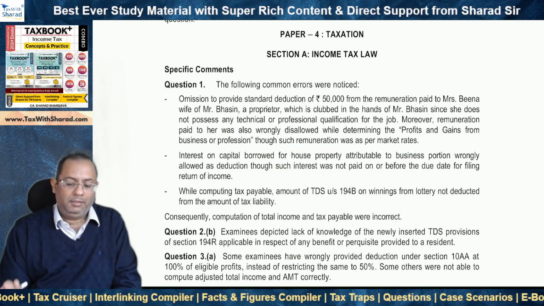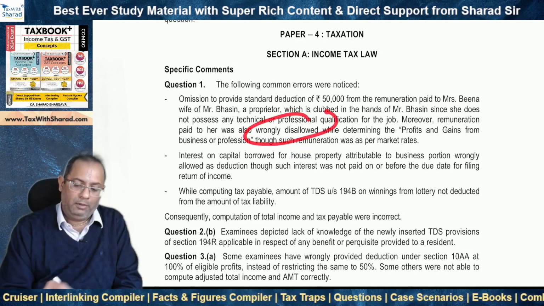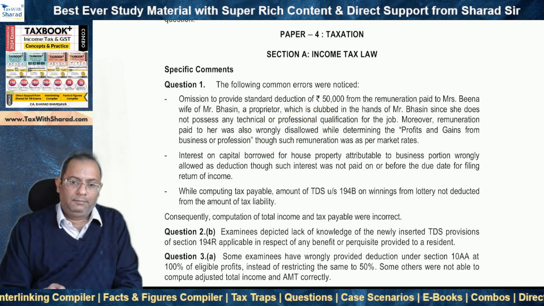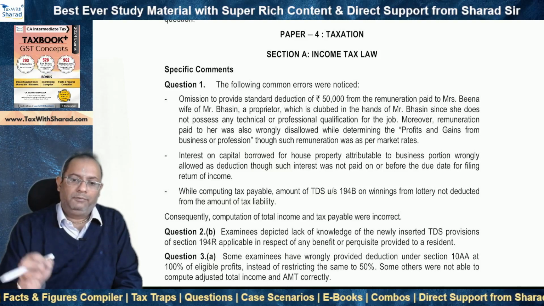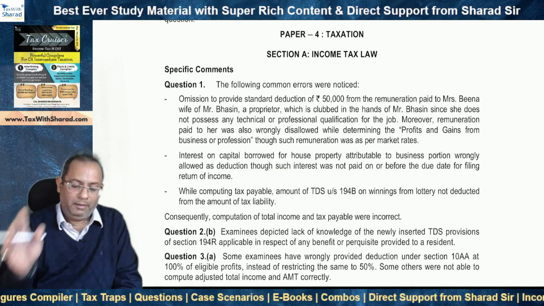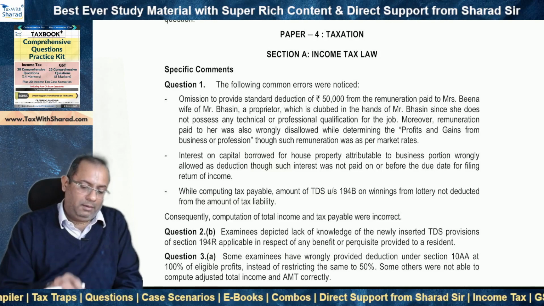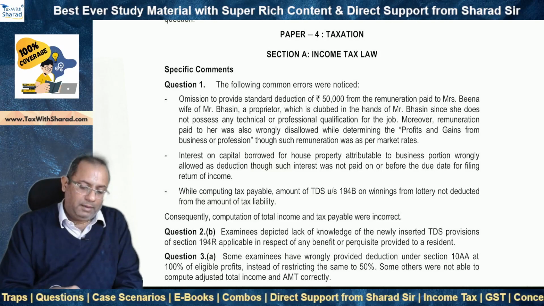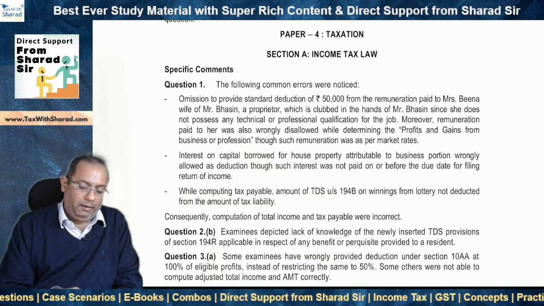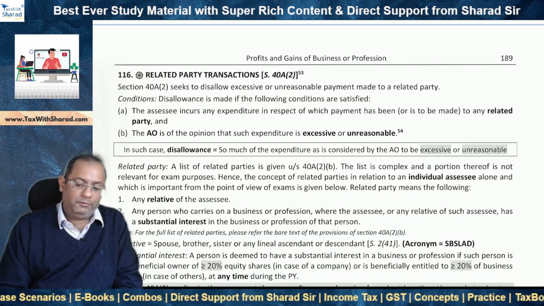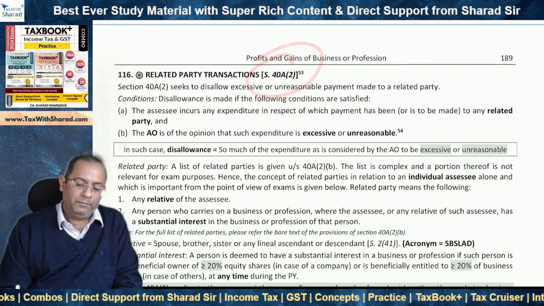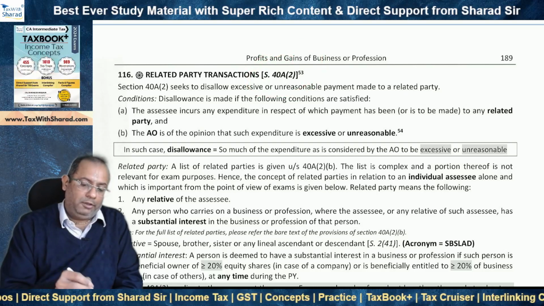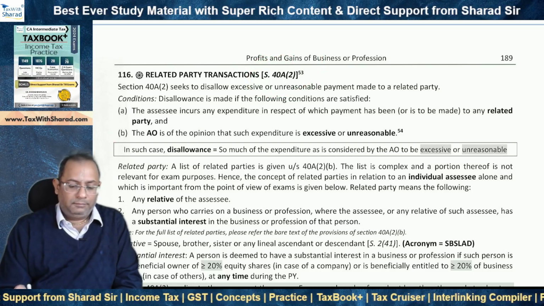So the mistake that students committed was they wrongly disallowed the remuneration, thinking that the payment is made to wife who is a related party, and therefore section 40A(2) disallowance will be attracted. But the mistake was in the incorrect reading of the provision. So if you look at the PGBP chapter of TaxBook Plus, section 40A(2), to attract 40A(2) disallowance, two conditions need to be satisfied.